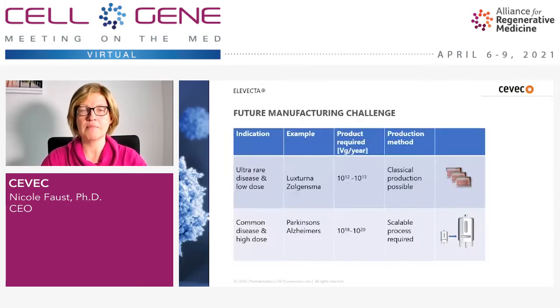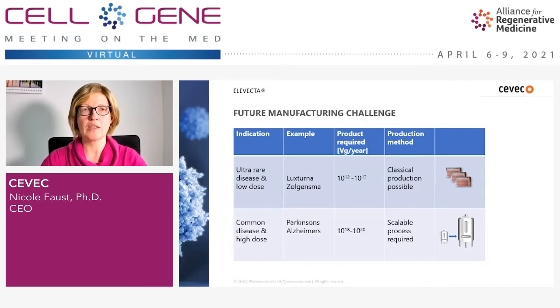This has been a very successful tool, but it's also facing potential problems, in particular for future therapies when we look at manufacturing. The therapies currently on the market, like for example Luxturna and also Zolgensma, target ultra-rare diseases and usually have to be administered in low doses.